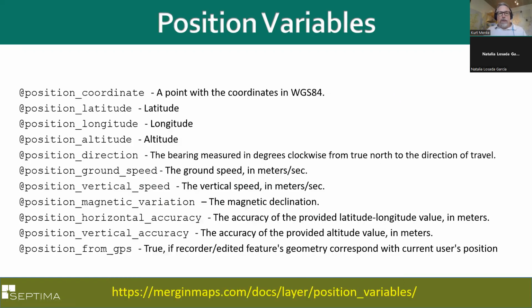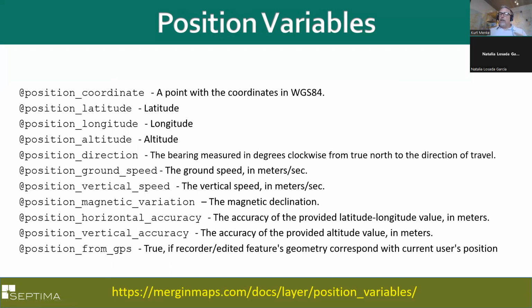And I should also mention now that there's also these position variables. Now these are Input variables. These are recognized by Input on your mobile phone. But I could have added a field called GPS accuracy. And for the default value, I could have used position horizontal accuracy. And I could have used this variable as the default.